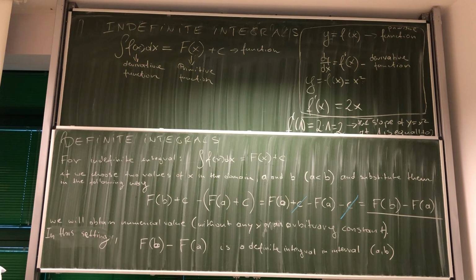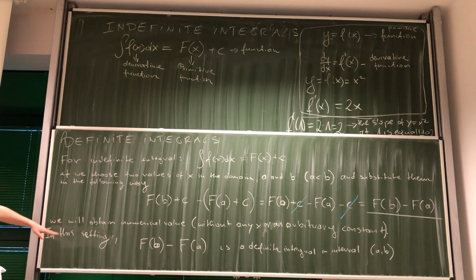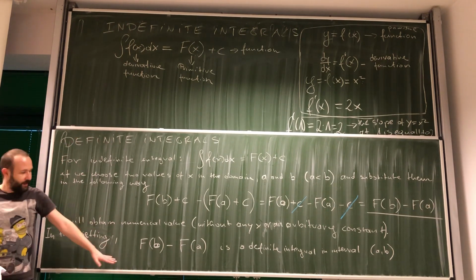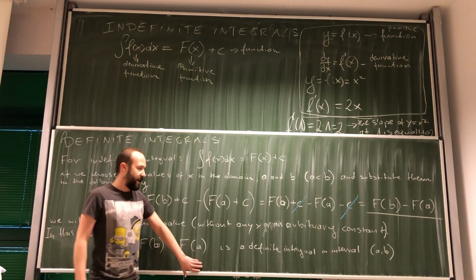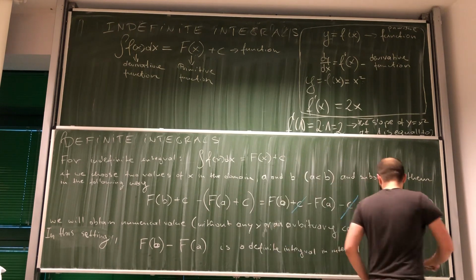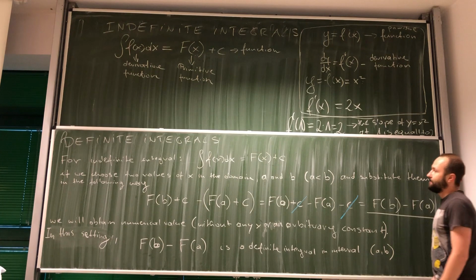Okay, so this is giving us something that we will be able to use a little bit later for interpretation. Just what is the key over here is that in this setting, f of b minus f of a is a definite integral in this specific interval from a to b.